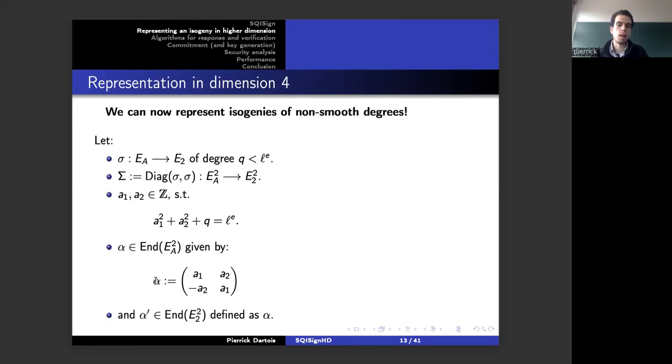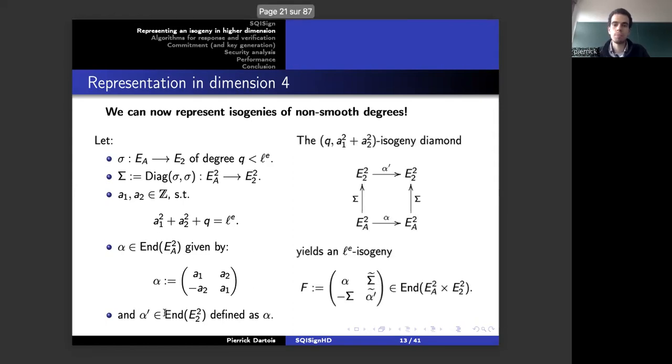And alpha and alpha prime, those matrices, play the role of the complex number a1 plus a2 i, for instance, because their degree is a1 squared plus a2 squared. So given all those data, we have an isogeny diamond given by this commutative diagram, and it yields an L to the E isogeny of dimension 4, which is basically an endomorphism.